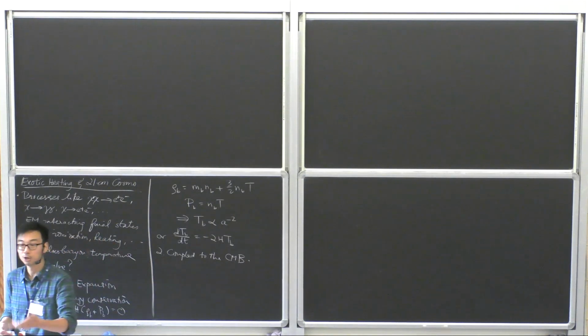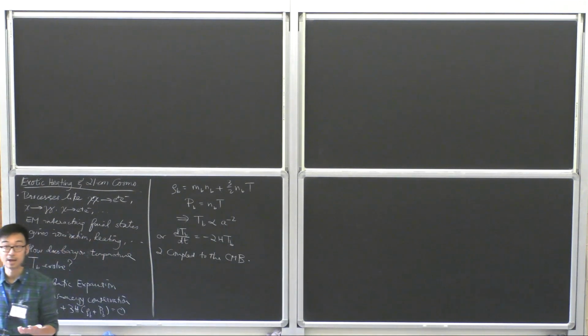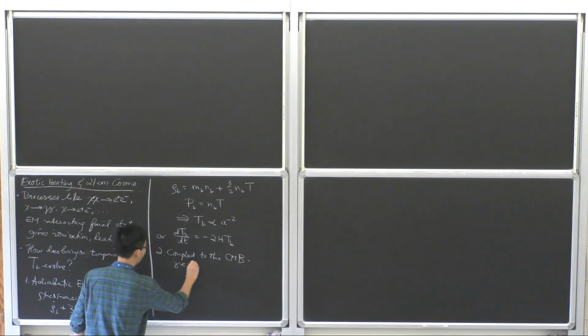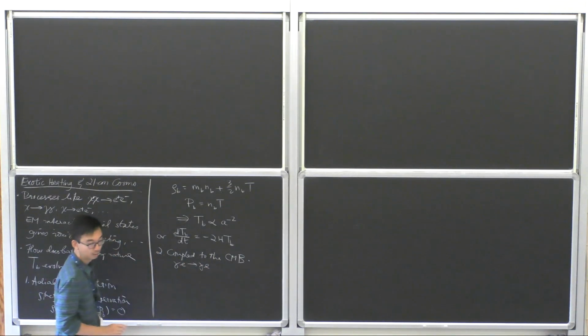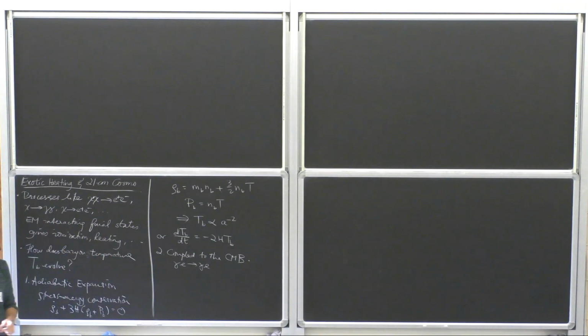The CMB can transfer energy into the baryons, and actually the baryons can also transfer energy into the CMB. Of course, it's mutual, and that just happens because of Compton scattering between the two fluids. So it's just gamma e to gamma e, right? So you can ask, okay, how does that change the temperature of the baryons?